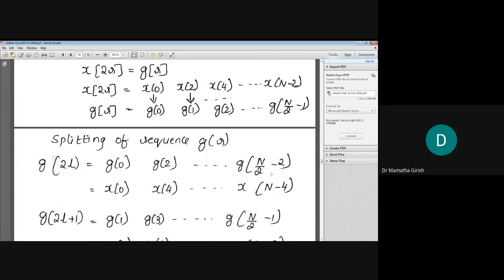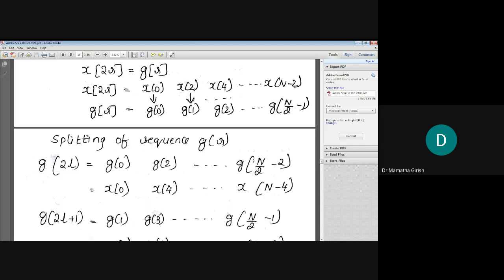Now, since g of r is basically n by 2 points, what I want to do is that this n by 2 point DFT has to be split up into two n by 4 DFTs. Again, even indexing and odd indexing. What are the samples of even indexing? 0, 2, 4, and so on.